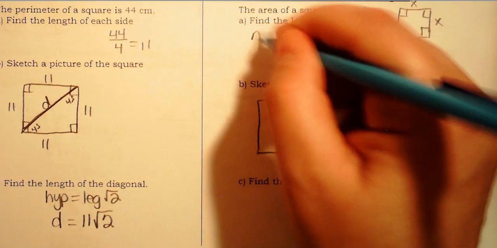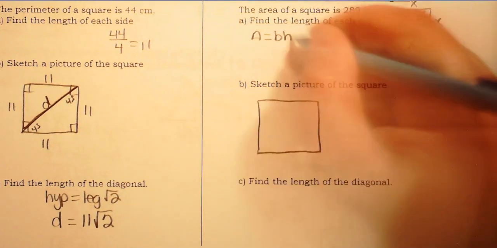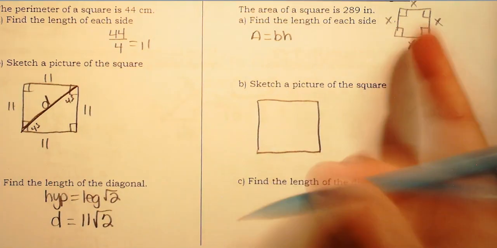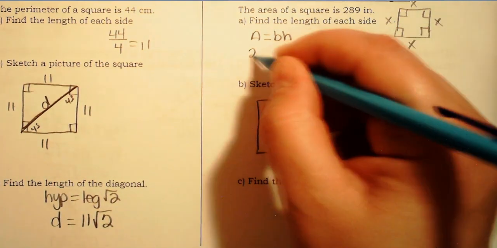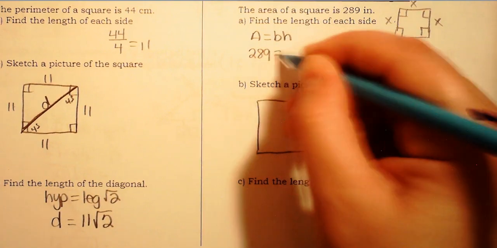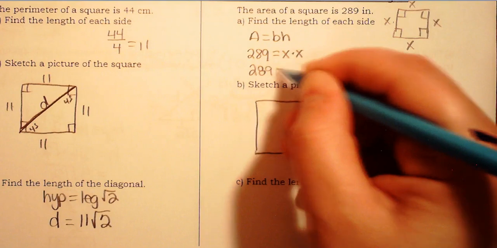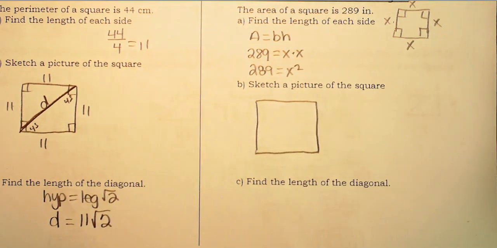So the area of a square would be the base times the height. In the situation of a square, the base and the height end up being exactly the same number. So I would get 289 equals x times x, or 289 equals x squared. And because I only have the one variable there, that's what allows me to solve that.